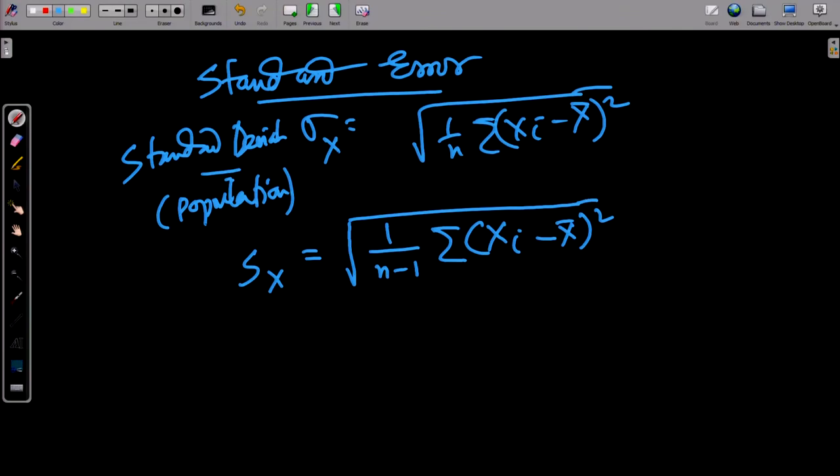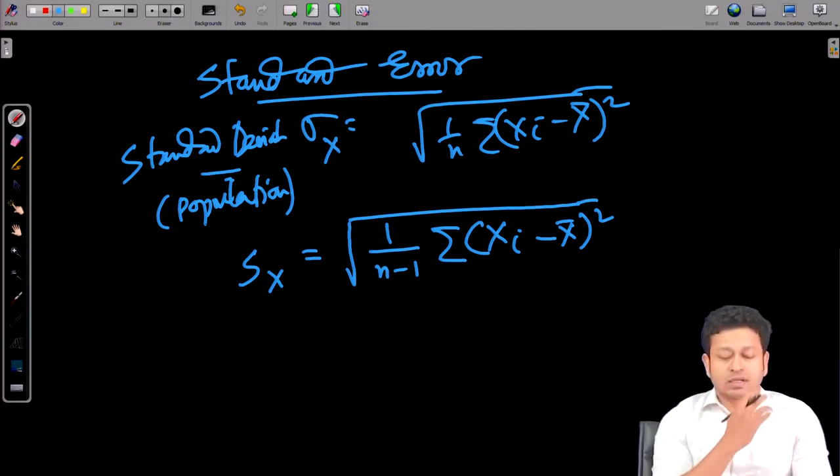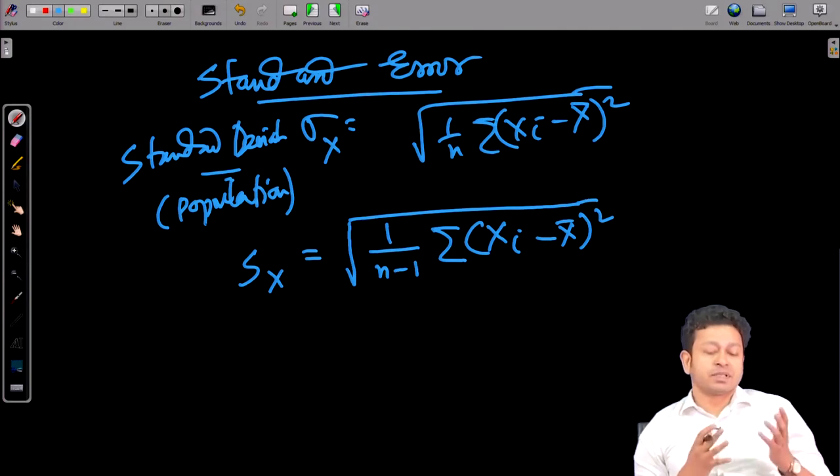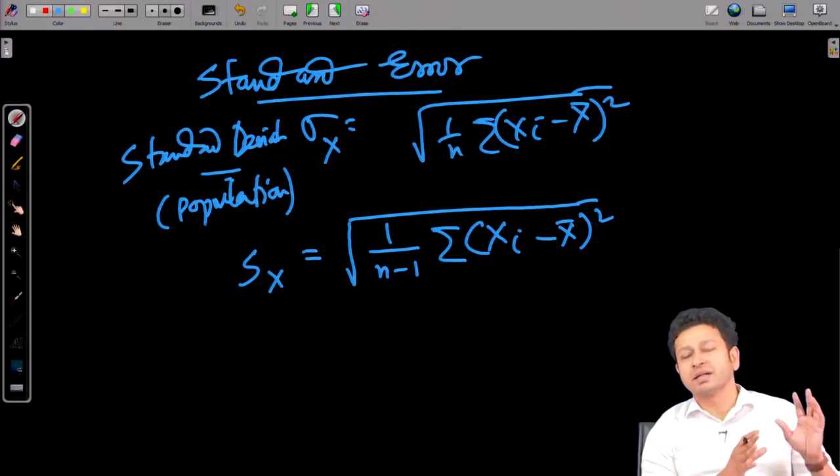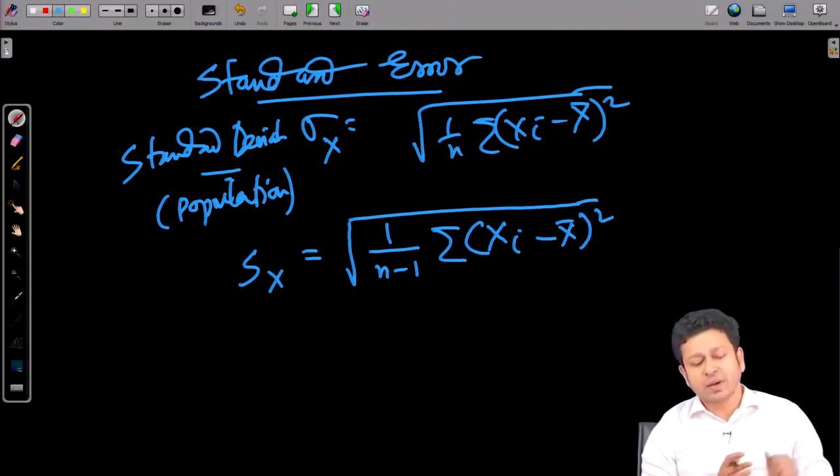Now, there is another trick here. When you are doing this estimation, you have your estimator, the mean, which is fixed, right?